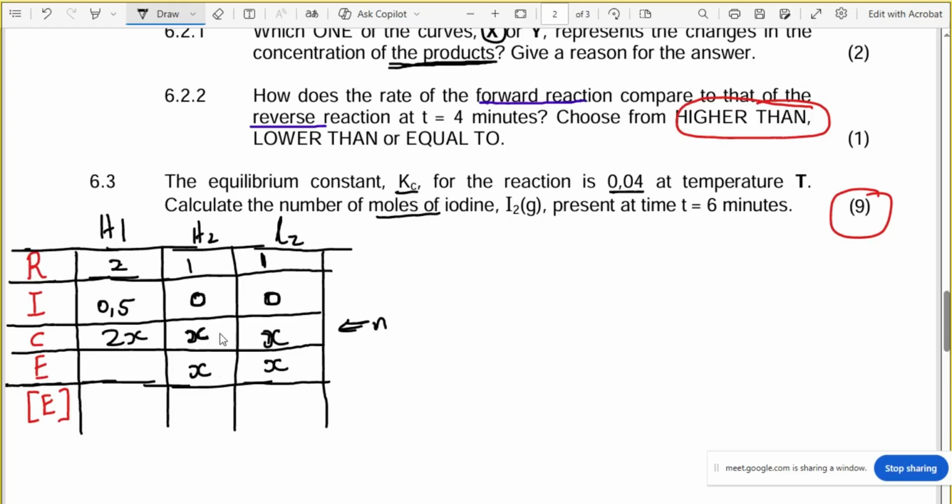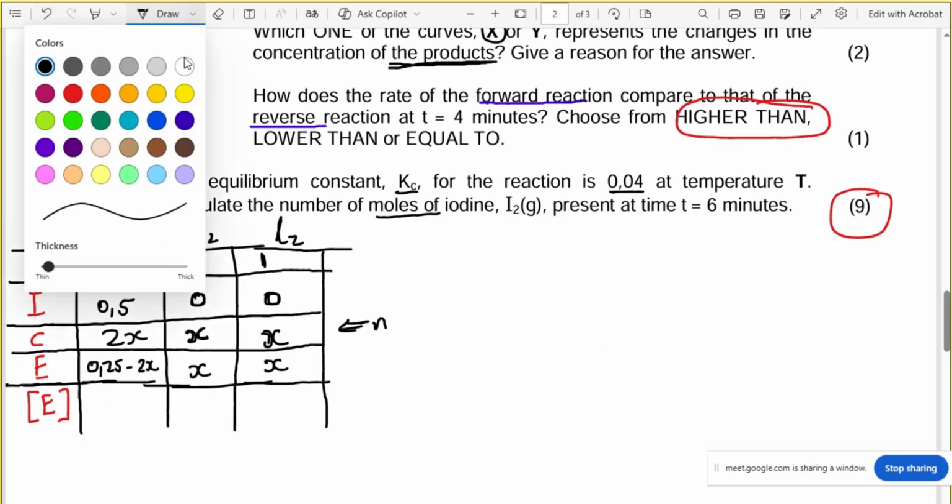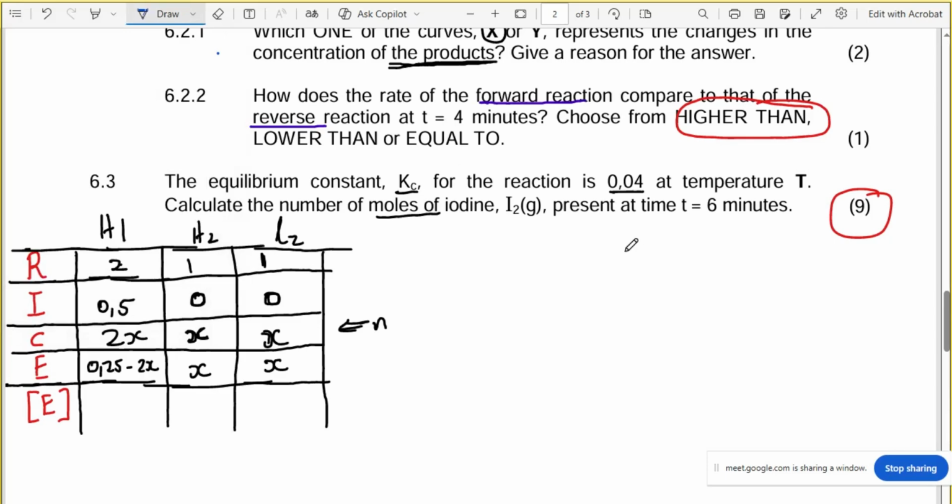At the end, the reaction will end with x. But this one, we start with 0.5. We use 2x. So to know what we have at equilibrium, we take the 0.5, we minus the change, whatever we used, to know the number of moles at equilibrium. Are you all with me on that? Yes, sir. Okay.